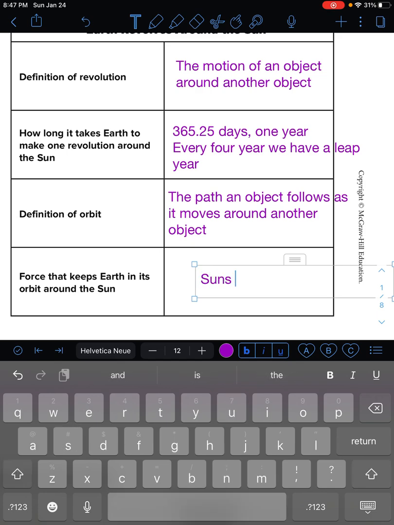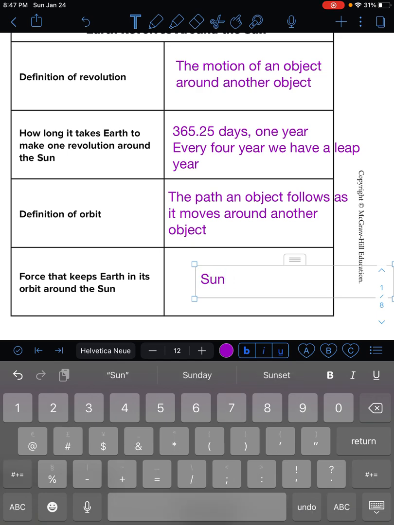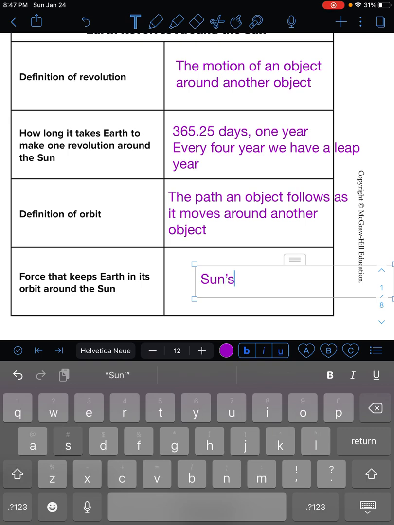We know that that is the sun's gravity, and inertia.